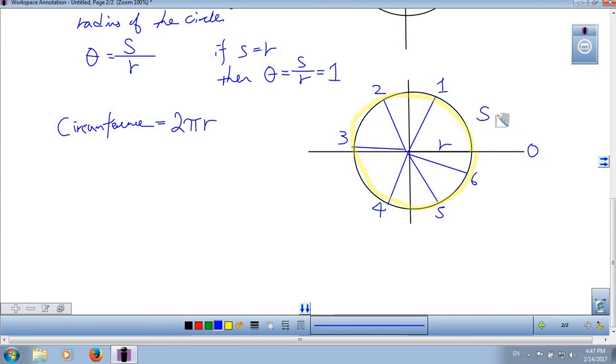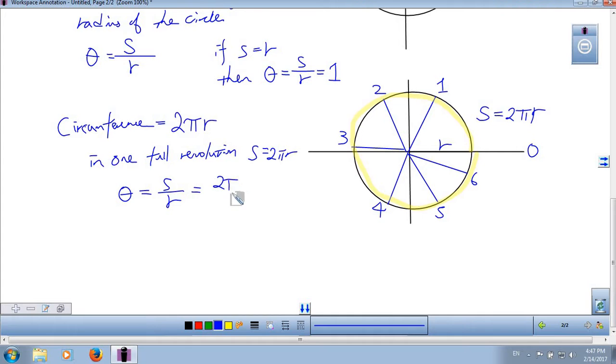So if my arc length in one full revolution is 2 pi r, then my radian measure theta is equal to S divided by R, which is 2 pi R divided by R. As you can see, the R cancels out, so theta simply becomes 2 pi.